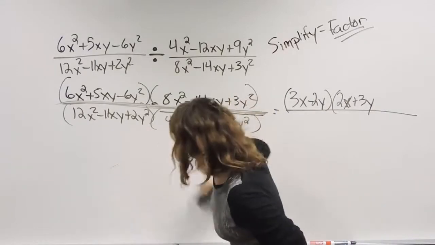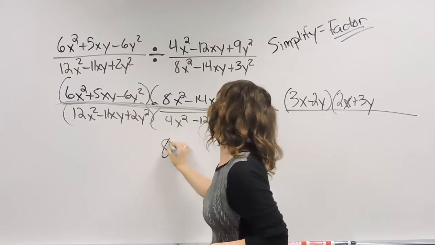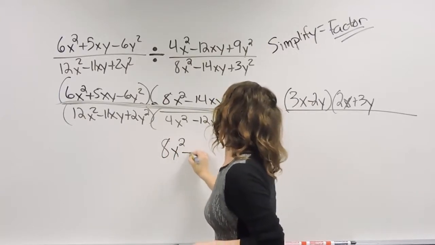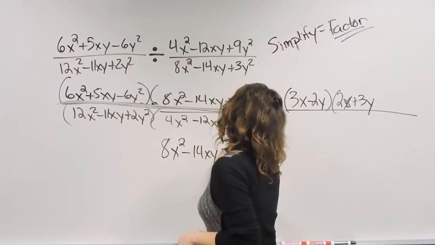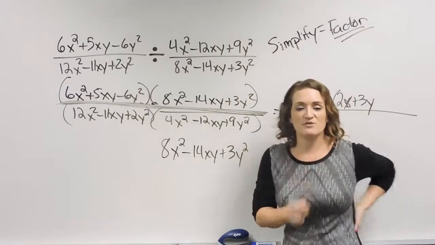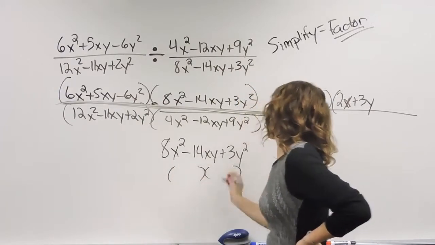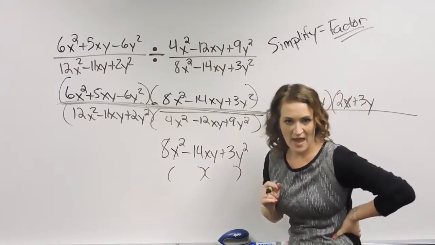So moving on to the second trinomial that we have. Again, I'm going to bring it down here. We have 8x squared minus 14xy plus 3y squared. And I'm going to use no fuss method for this one as well. Looking over this real quickly, we don't have a greatest common factor here.